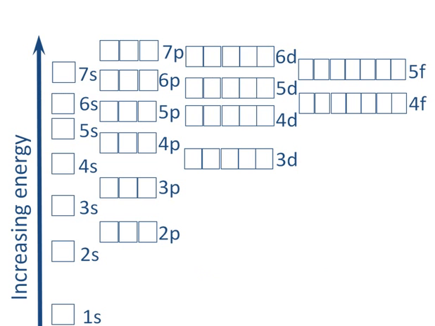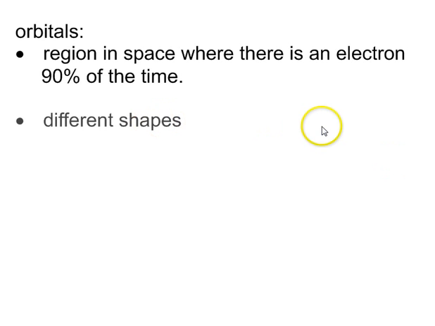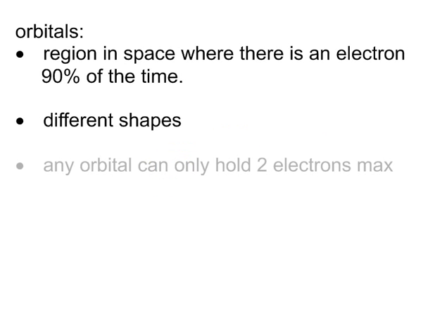Going back in time here. So orbitals are defined as a region in space where there is an electron 90% of the time. Orbitals have different shapes. Any orbital can only hold 2 electrons maximum, so that's the idea with the 2 arrows in a box, each arrow representing an electron.